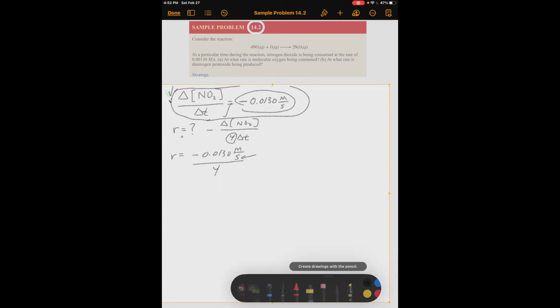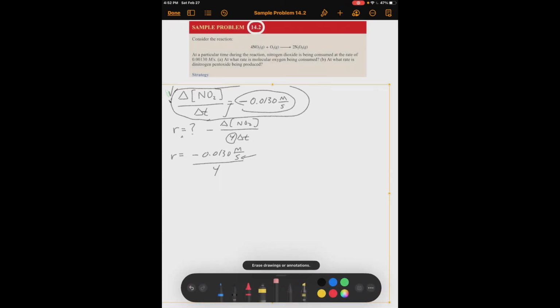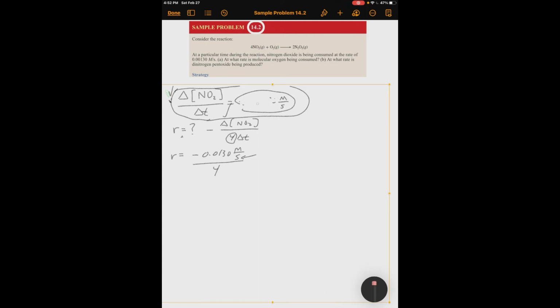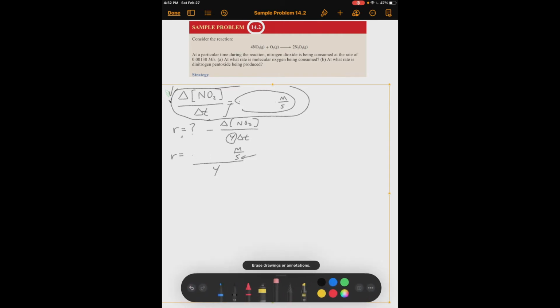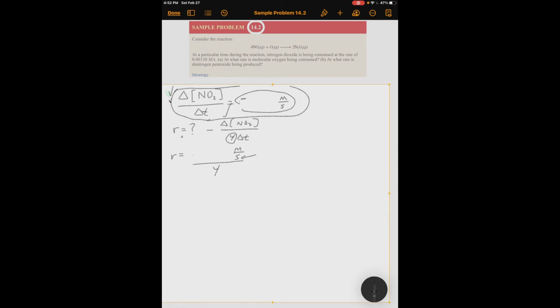You have to be very careful about these rate law problems or these kinetics problems, there's zeros all over the place. And you have to be careful you get the right number of zeros. So let's make sure we have the right number of zeros. It's 0.00130, right?